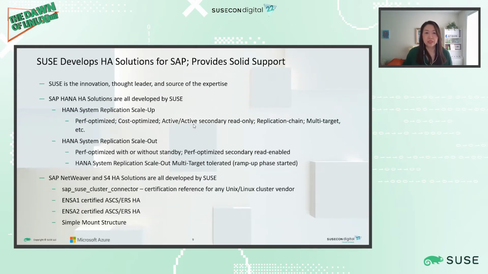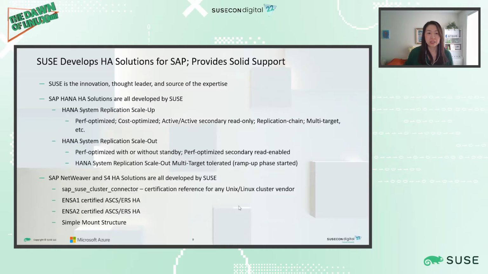So regarding the HA solutions based on Pacemaker, SUSE is the innovation thought leader and the source of the expertise. SUSE develops the Pacemaker-based solutions for HANA and also for NetWeaver and S/4. So let's take a quick look at the solutions.